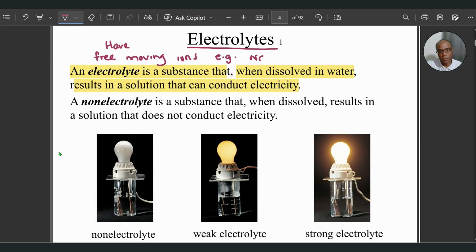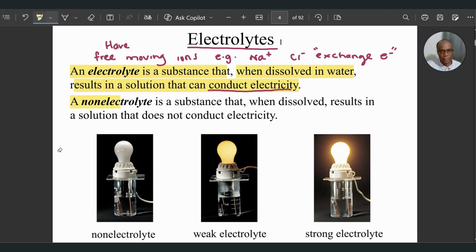For example, Na+, Cl-. These ones usually exchange electrons, and because those electron exchanges are involved in ionic compounds, then you expect that good electrolytes will conduct electricity. So the more ions you have, the better.